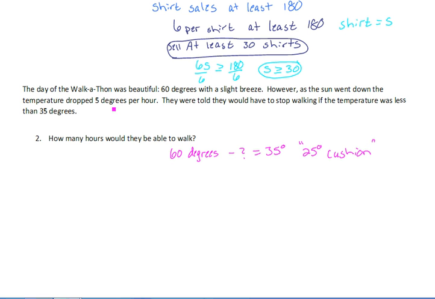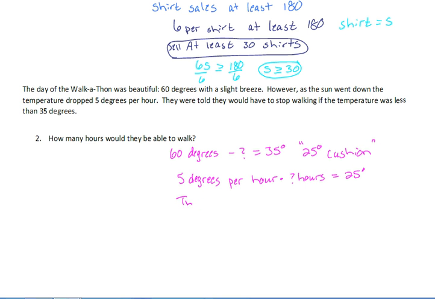Okay, well, let's look at that. If it's dropping 5 degrees per hour, so 5 degrees per hour times how many hours is going to equal that 25 degrees. So it looks like 5 times 5 is going to give us that 25.